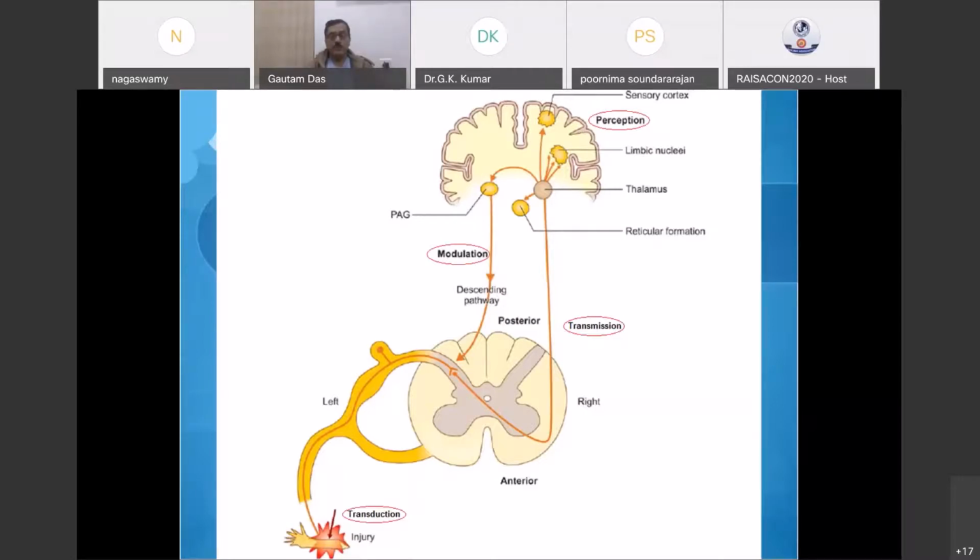But the problem with these drugs is that they have strong anticholinergic side effects, like dryness of the mouth, increased ocular pressure, tachycardia, postural hypotension, and retention of urine.